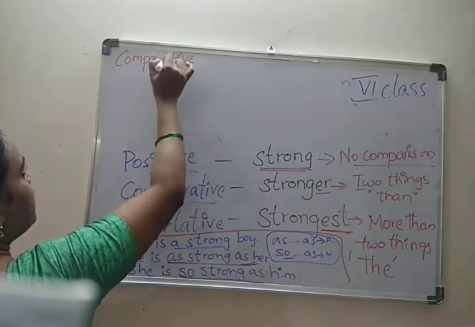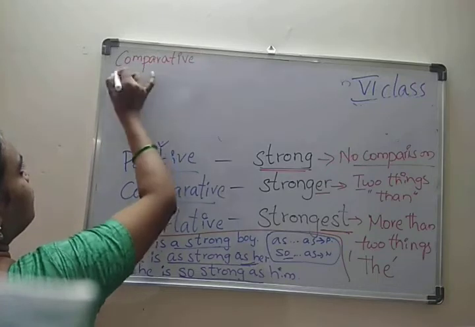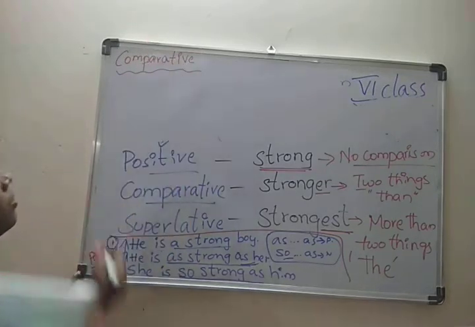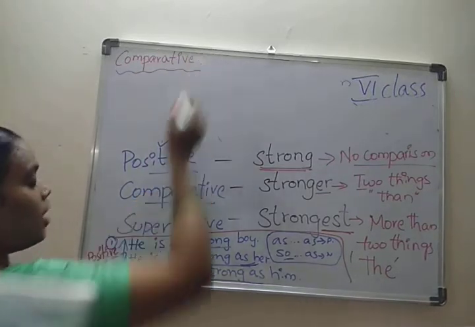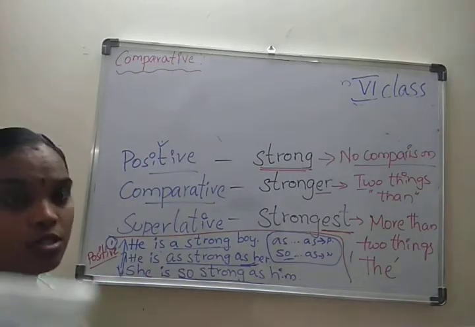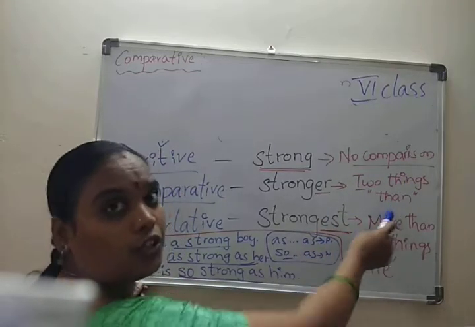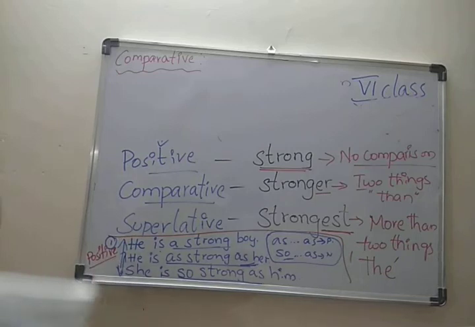Now did you understand? Now in the comparative, what I have told you as rules, that is between two things and the word than. Same sentence I am taking.